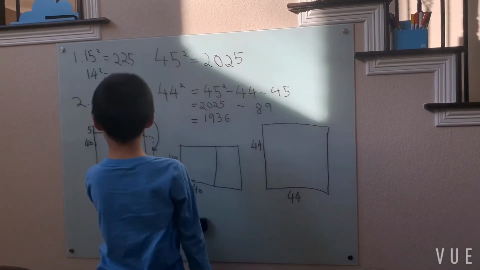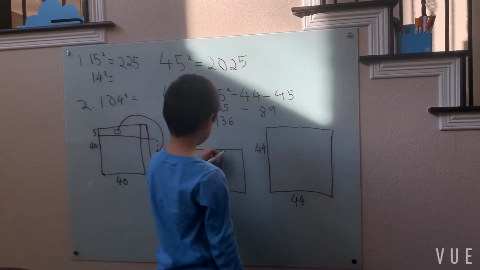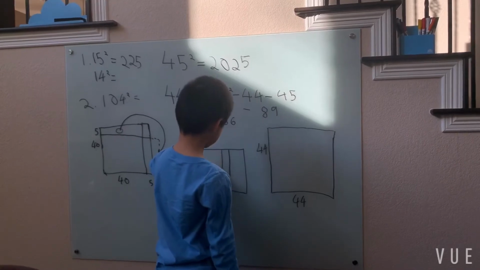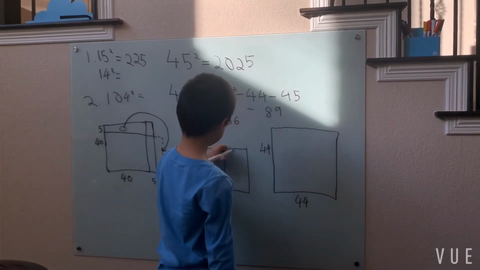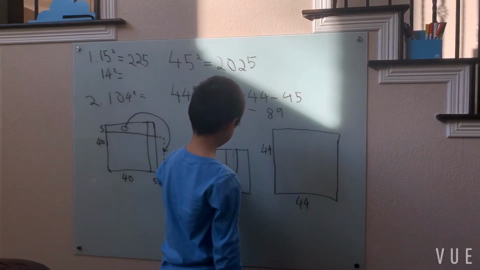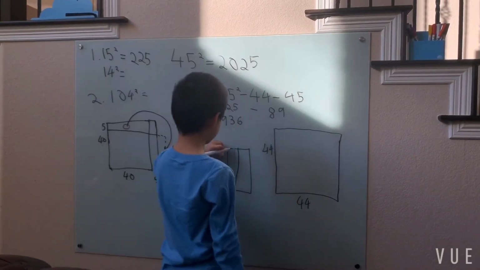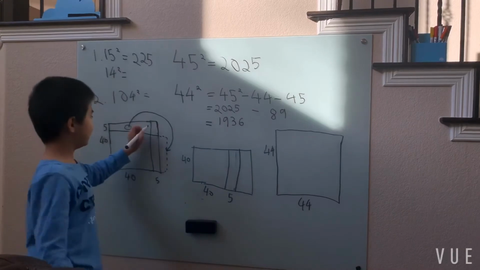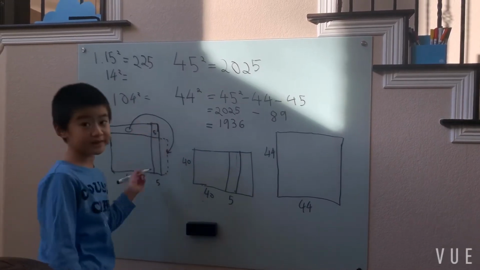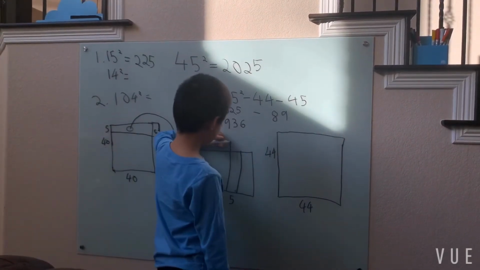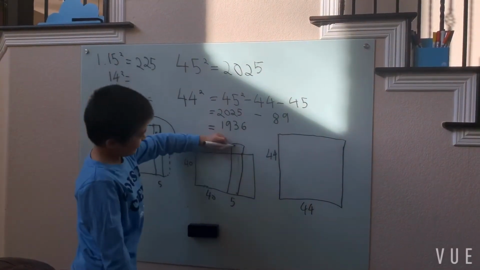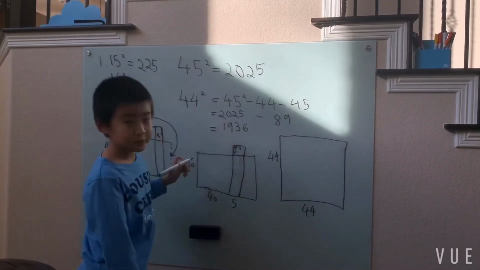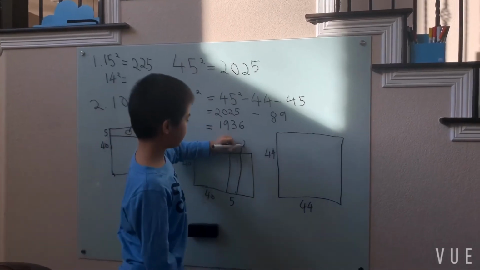And we still have this little skinny 5 by 40. This is a 5. And you can't forget about the little 5 square piece up there. So we still have this little square, 5 squared, that's its area, which is 25.